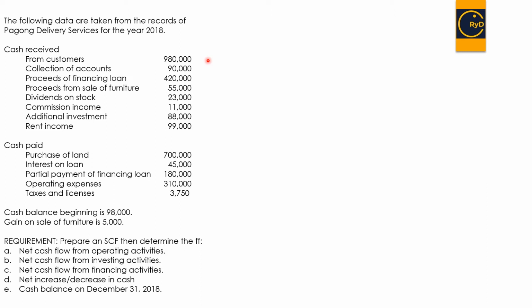So, for example, let's start with our cash received from customers. This is a credit to our sales. Oh, this is a delivery service, so it is service revenue instead of sales. So where do we find that? In our SCI.